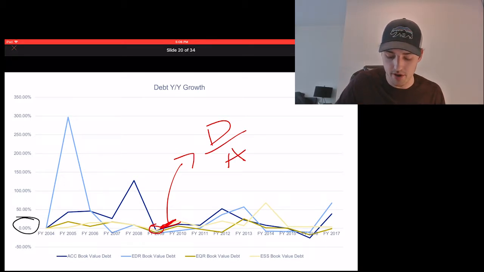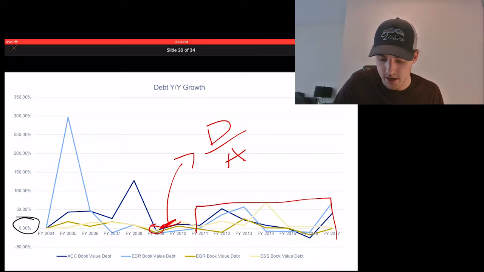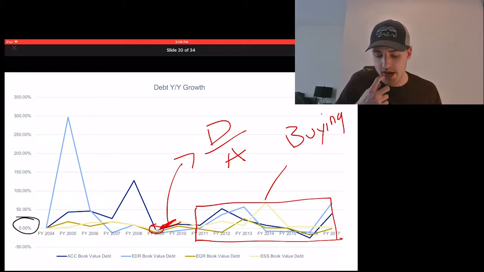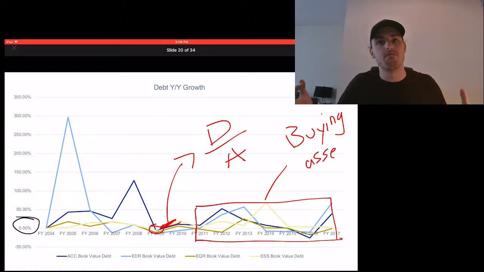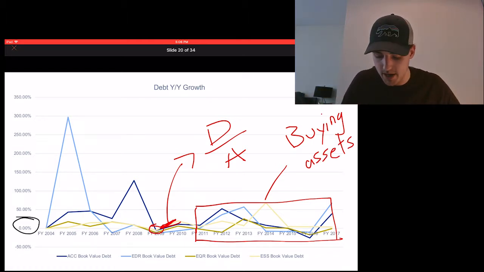Based on other analysis that I've done, later on, here, they start expanding their balance sheets again. So they start buying assets here, expanding their asset bases again.